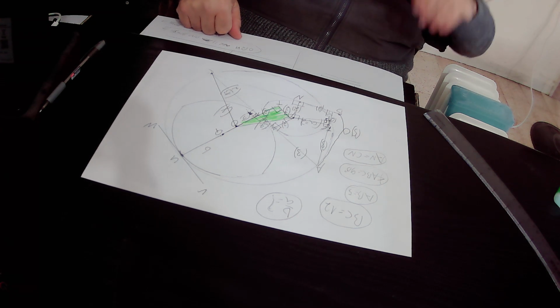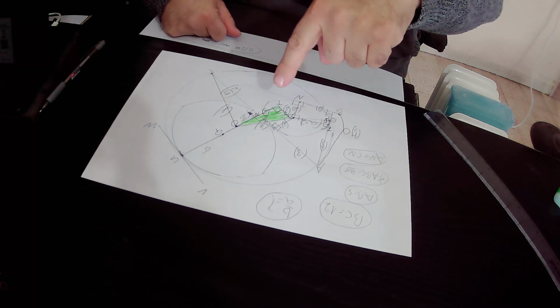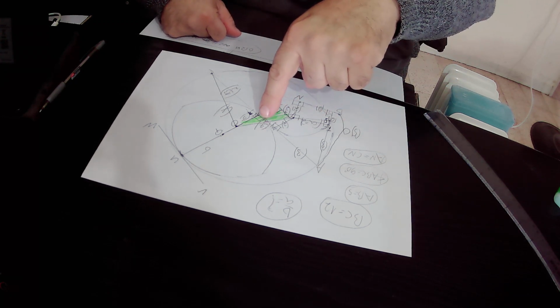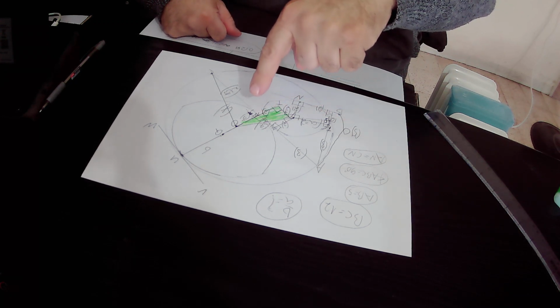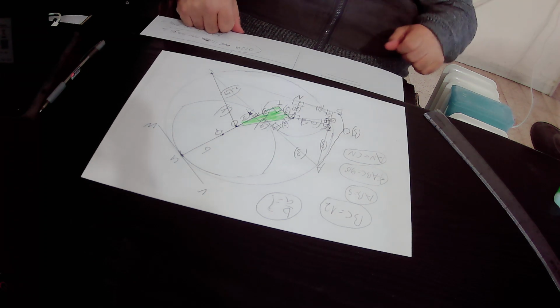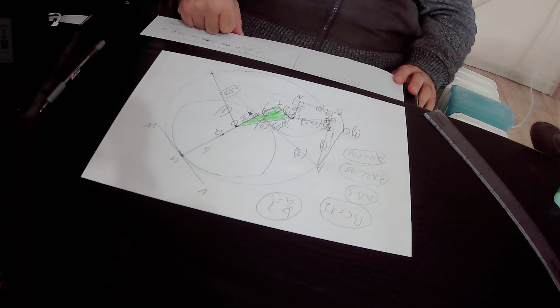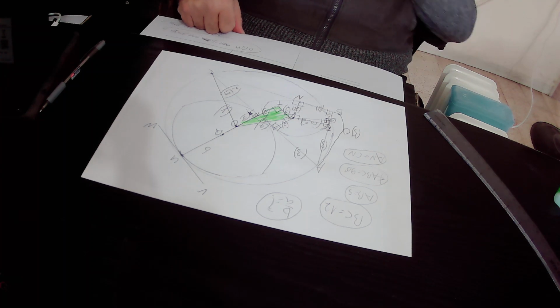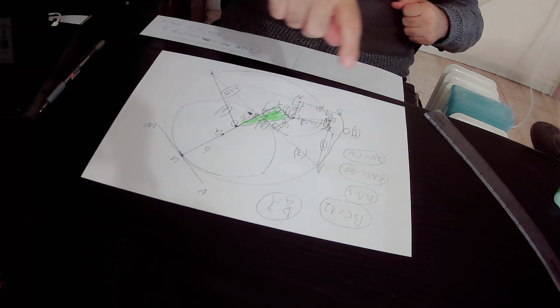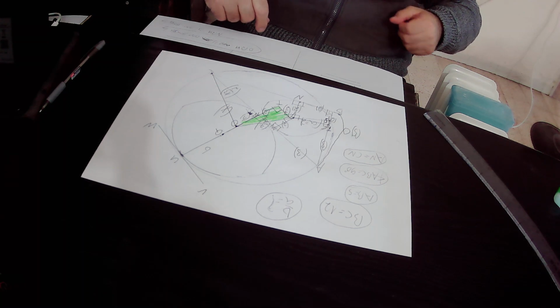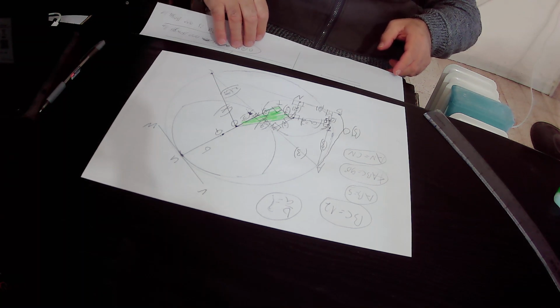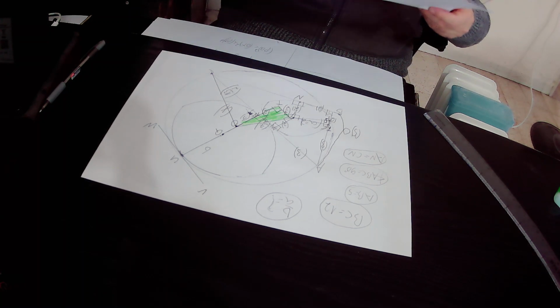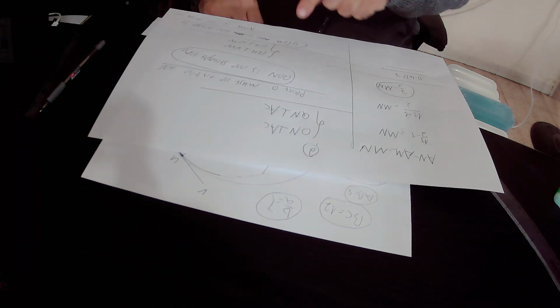Therefore, according to rule number 7, ON must also be perpendicular to AC. That is to say this angle equals 90 degrees and this angle also equals 90 degrees. Okay. So we can write down that ON is perpendicular to tangent AC.